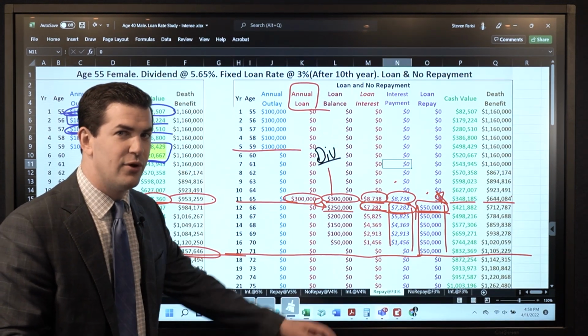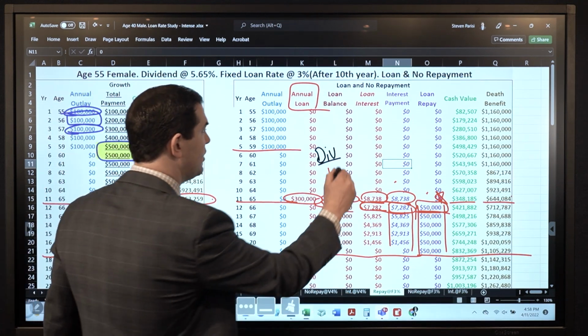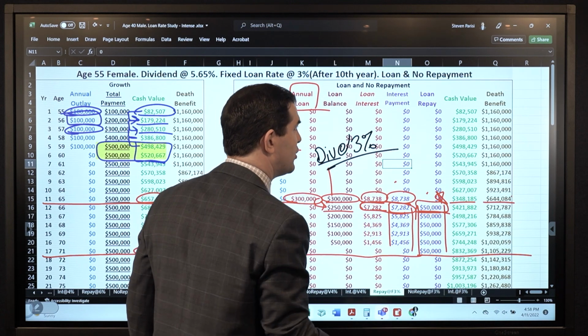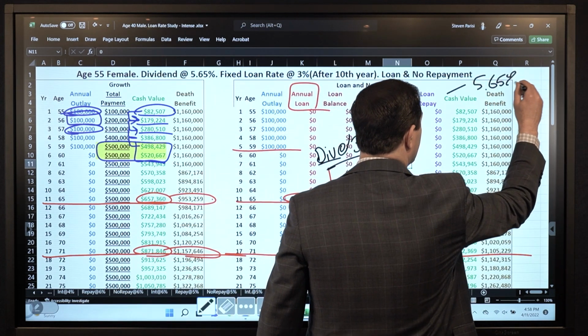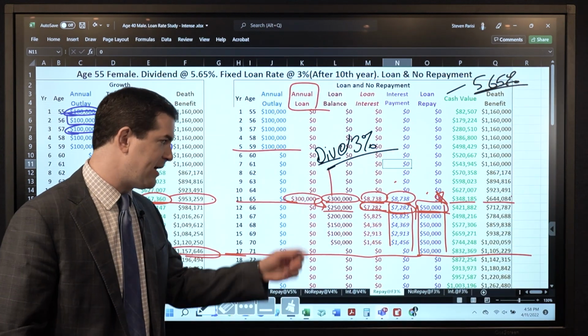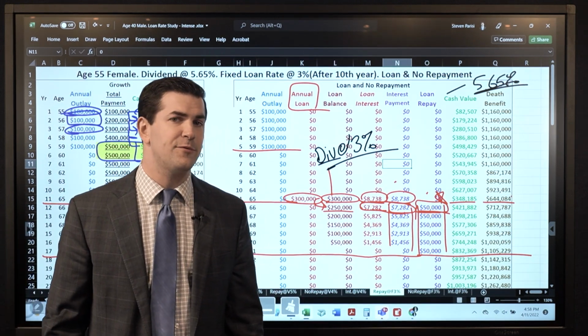But in this example, what's the cost to borrow? Without the discount, 3%, which means the dividend applied is 3%, and the non-borrowed money would be 5.65%. That's a spread. Granted, I'm paying much less interest as well. However, many could be uncomfortable with that.